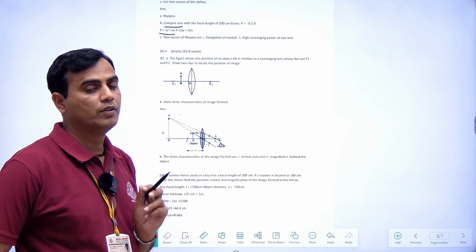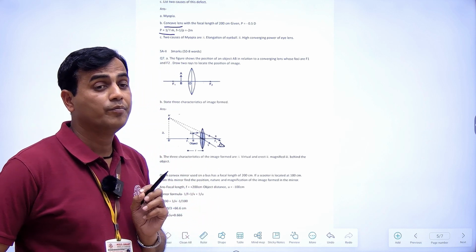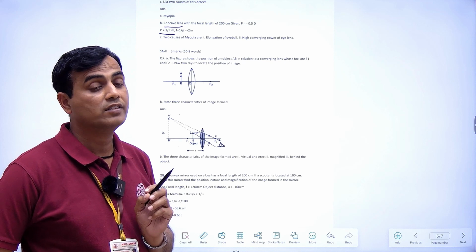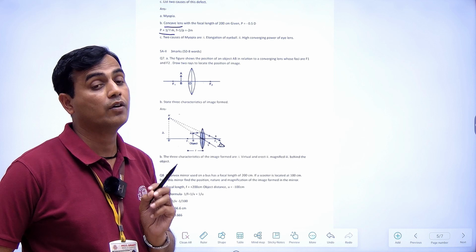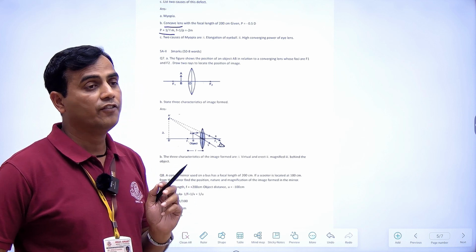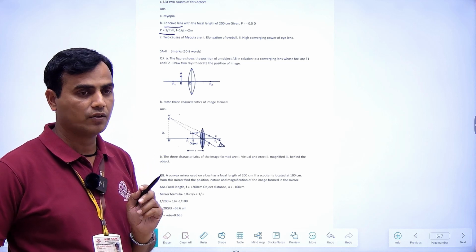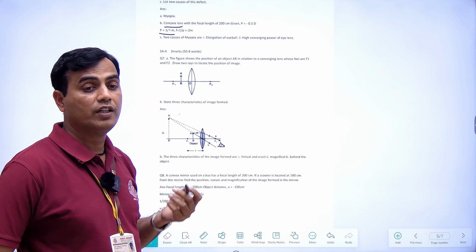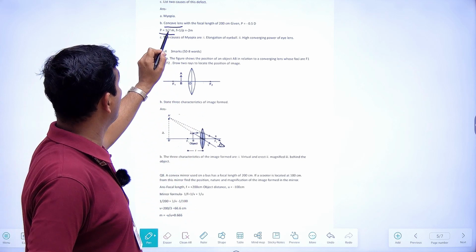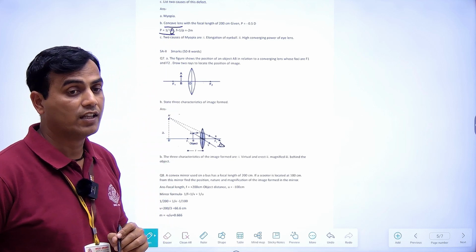We have to be clear on measuring power: if we put the focal length in centimeters, our answer will be wrong. So power will be calculated only by putting the focal length in meters. We have to be careful on this aspect.